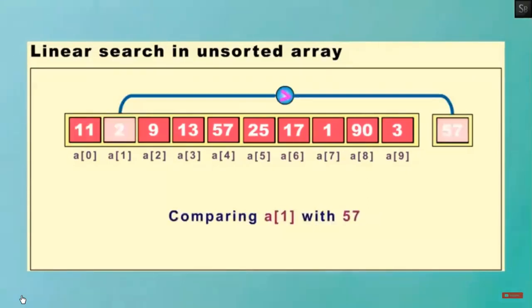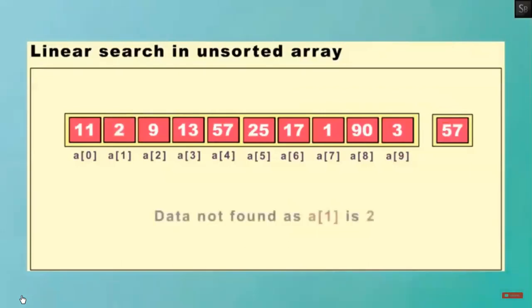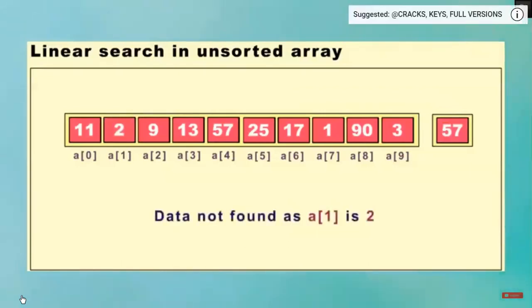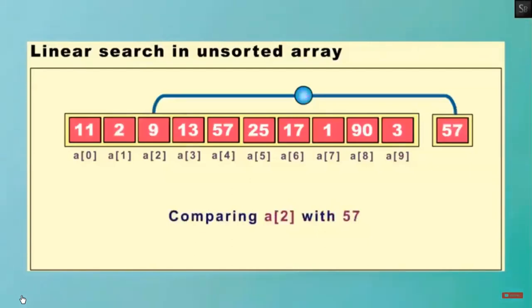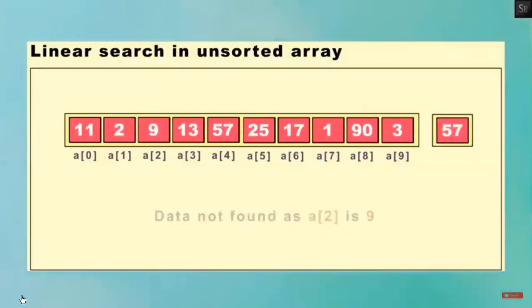What is the index 1 value? 2. No, not found. Then increment the i value, where i equals 3. Index 3 equal to 57? The value at that location is 9. 9 equal to 57? Data not found.